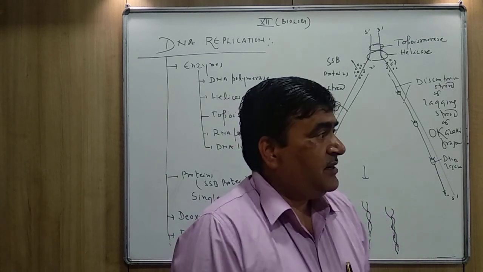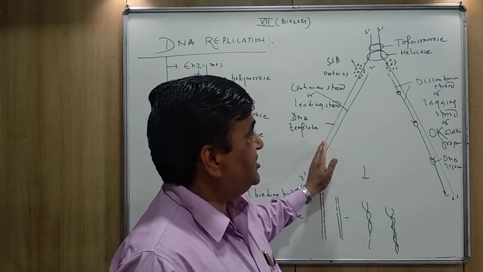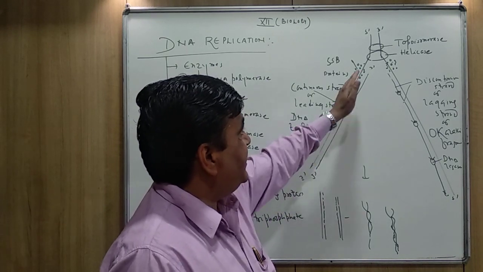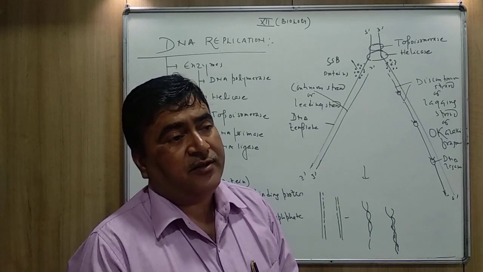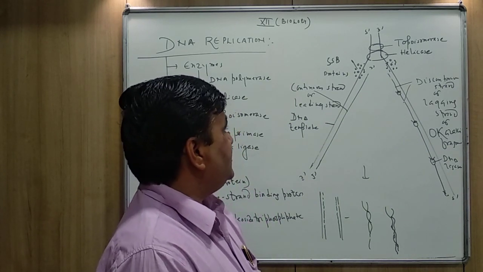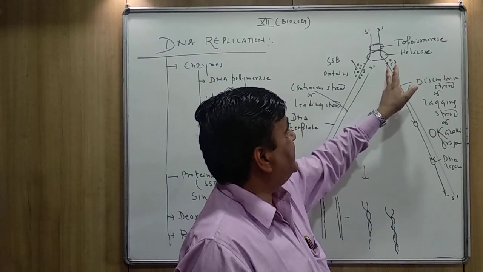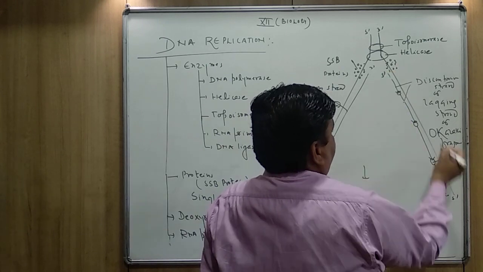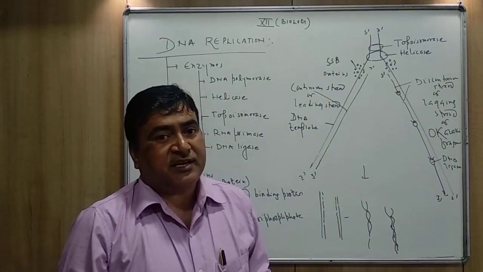The new strands are synthesized on the template. On one template, the new strand is continuous, and this is called the continuous strand or leading strand, while on the other template, the direction is 5 to 3, and the strand is discontinuous.